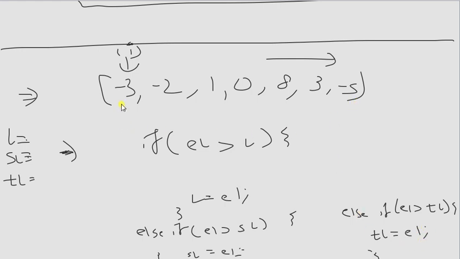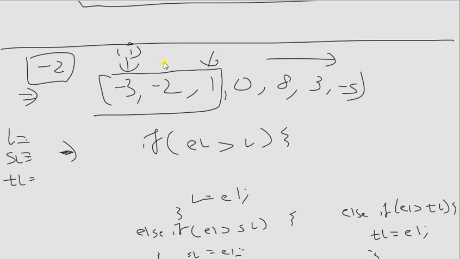But I want you to notice one thing here. If I have this array and I have largest as -2, so I found that 1 is something which is greater than -2, and now I will make my largest my element. But with this, my values of second largest and third largest will also change. How?